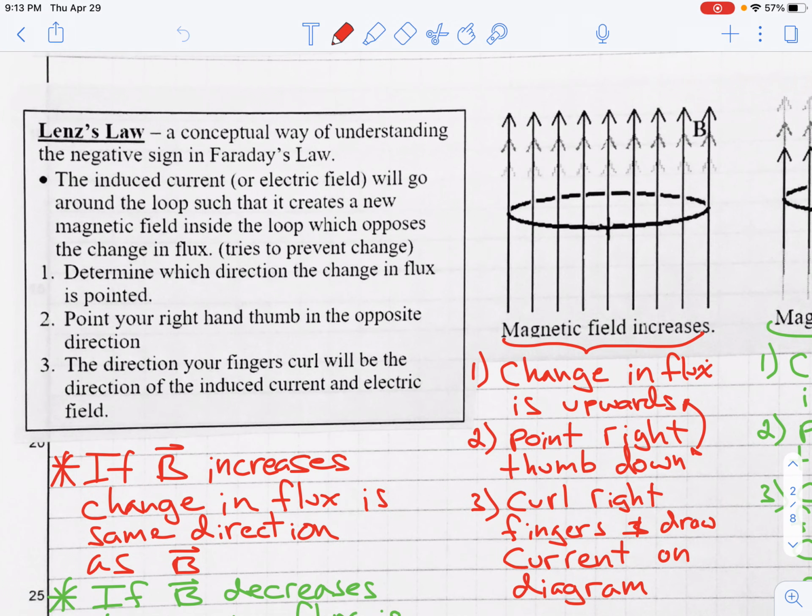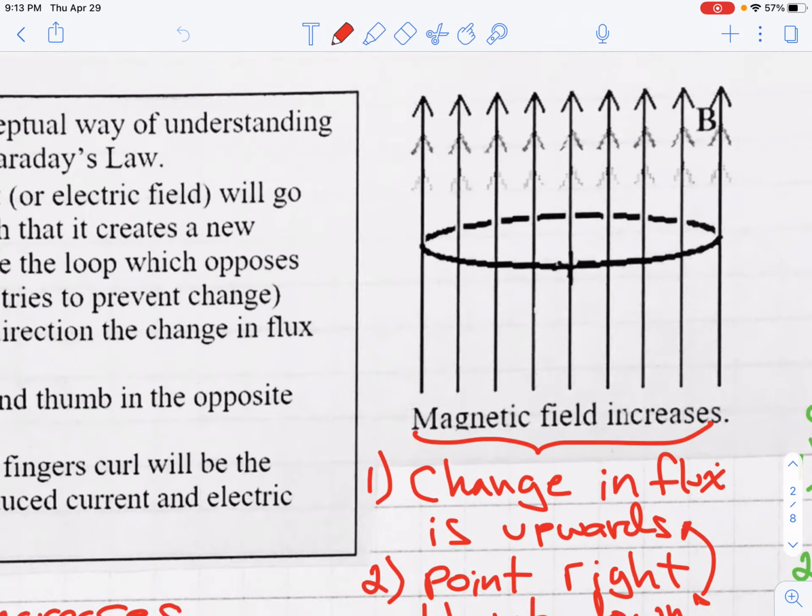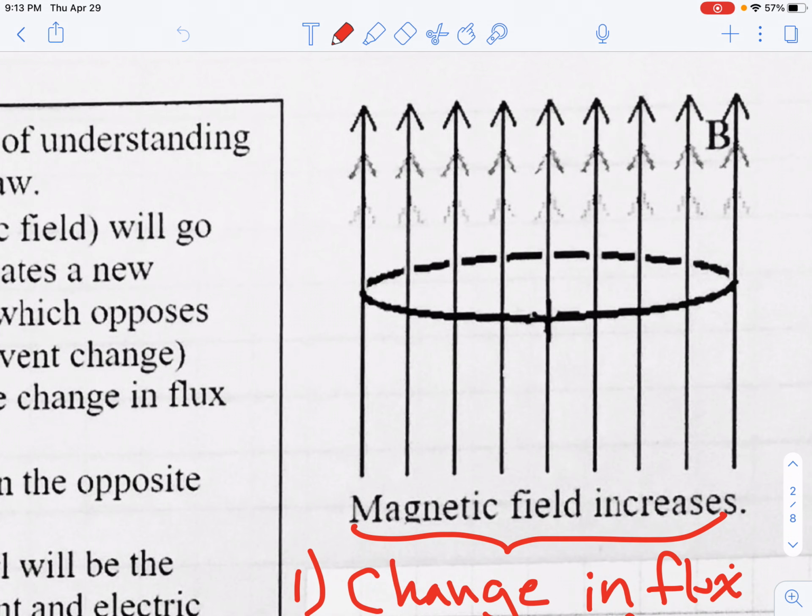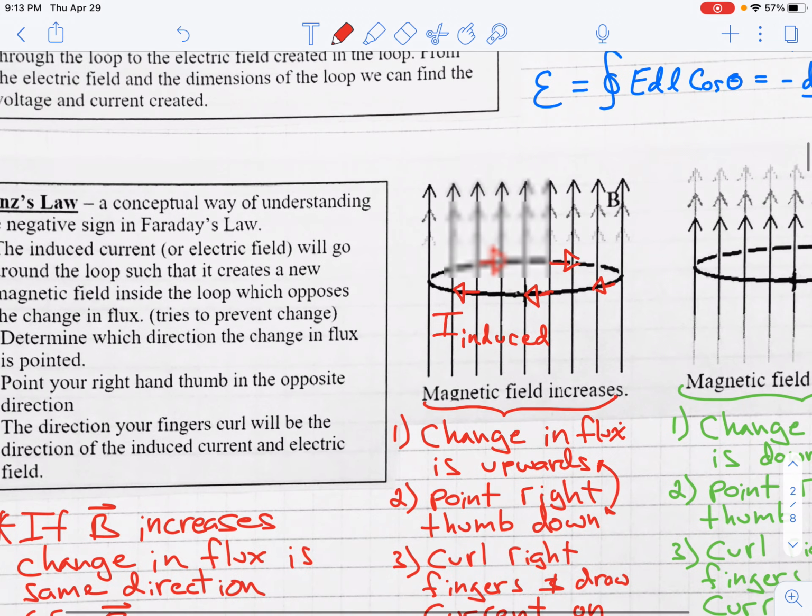So once you know that, go to the diagram and draw. So the current here would be that direction. Over here it would be that way, that way, that way, that way. So that's the induced current.